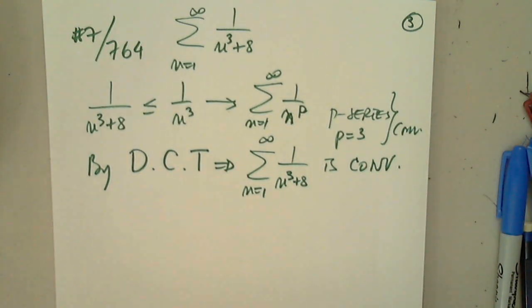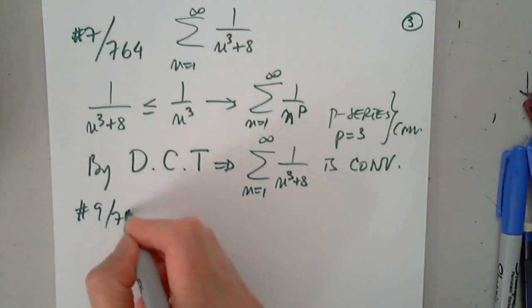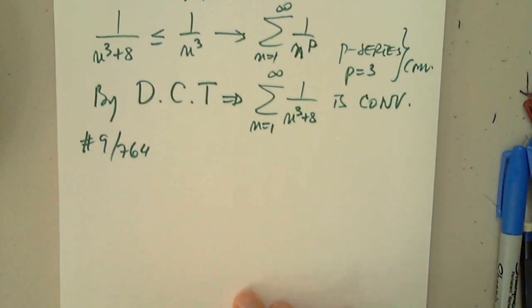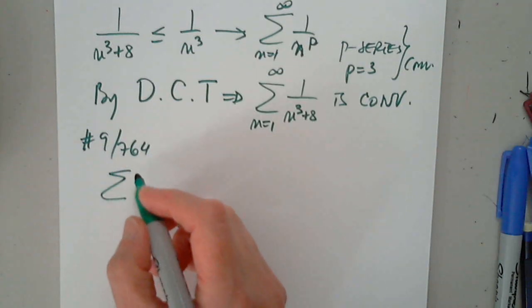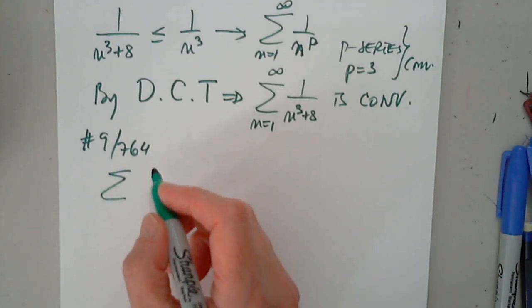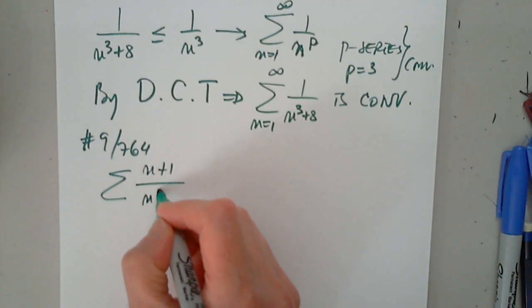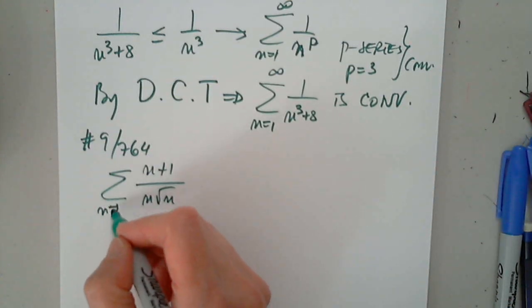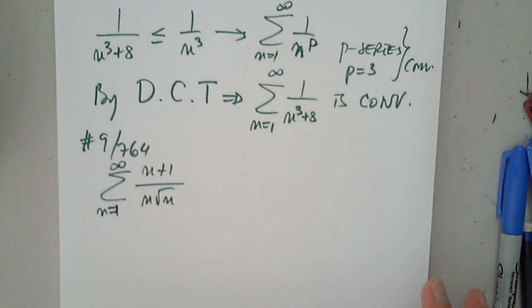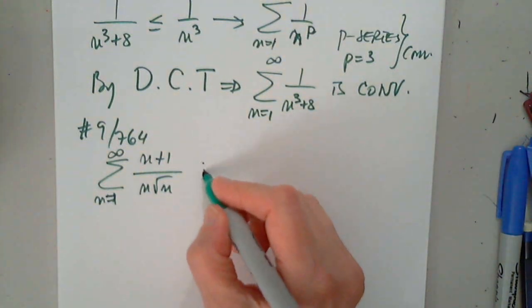next, problem number 9, same page. And we have the sum of n plus 1 over the square root of n, as n goes from 1 to infinity. Okay, the same idea here.